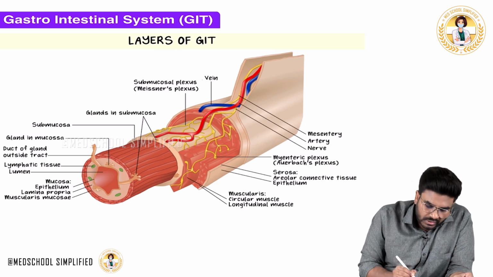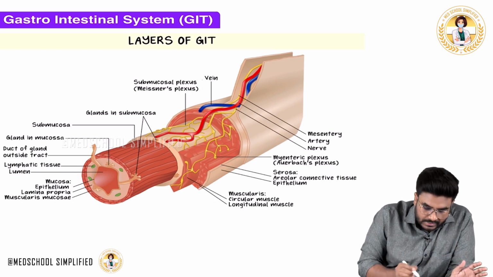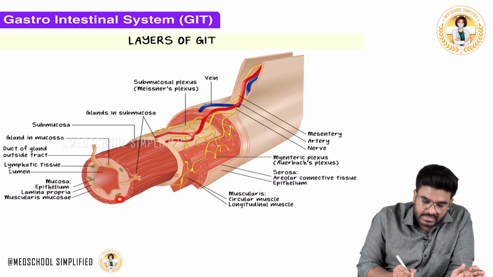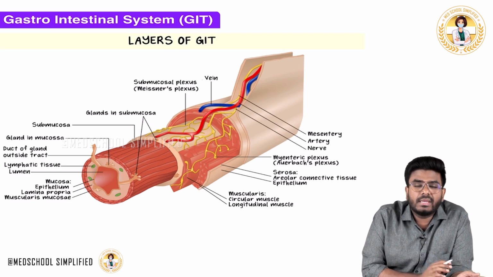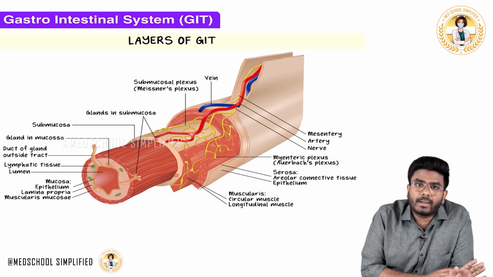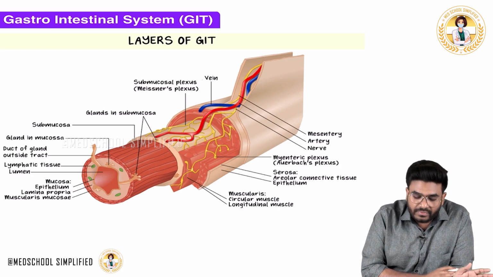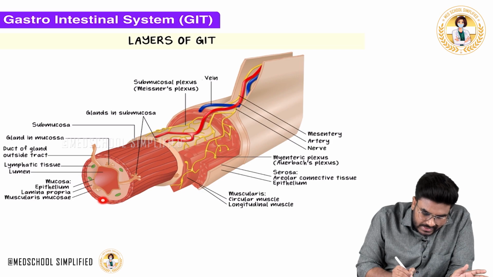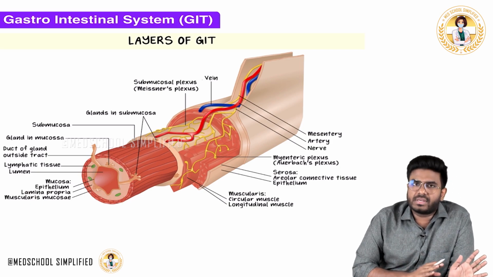Important point is, don't think that these muscles are going to help in peristalsis. No, these are not the muscles which will help in peristalsis. They are different muscles, called Muscularis propria. That's totally different. But there is also one more muscle layer present in this mucosa. This muscle layer is called Muscularis mucosae. Well and good.